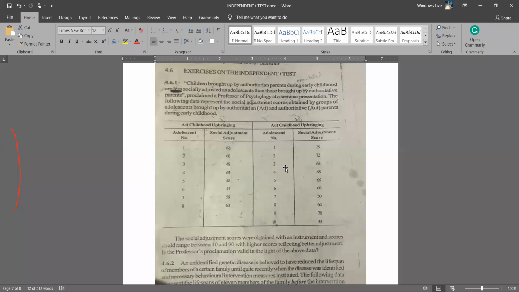Under interval scale. So social adjustment is a psychological construct, which should tell you that it's an interval scale. And so the second assumption has been satisfied. The first assumption, you could see that we have two independent groups, authoritarian and authoritative, two separate groups altogether. So the first assumption has also been satisfied in the question. Hence, you use independent t-test.